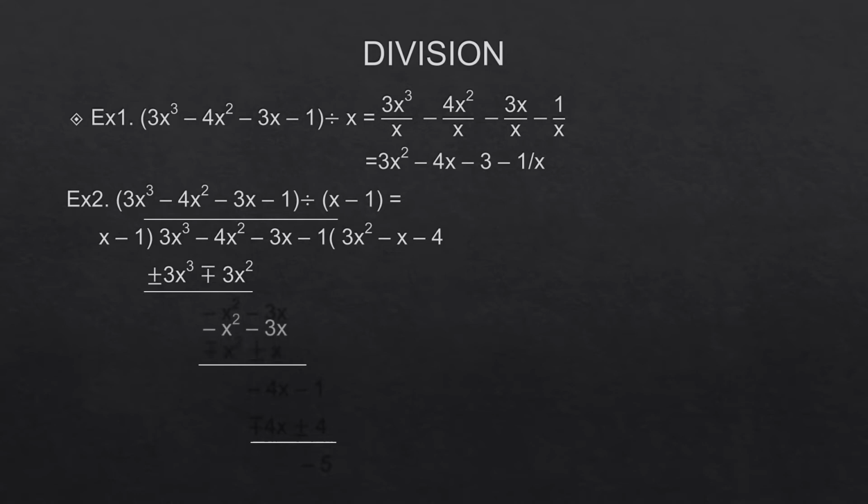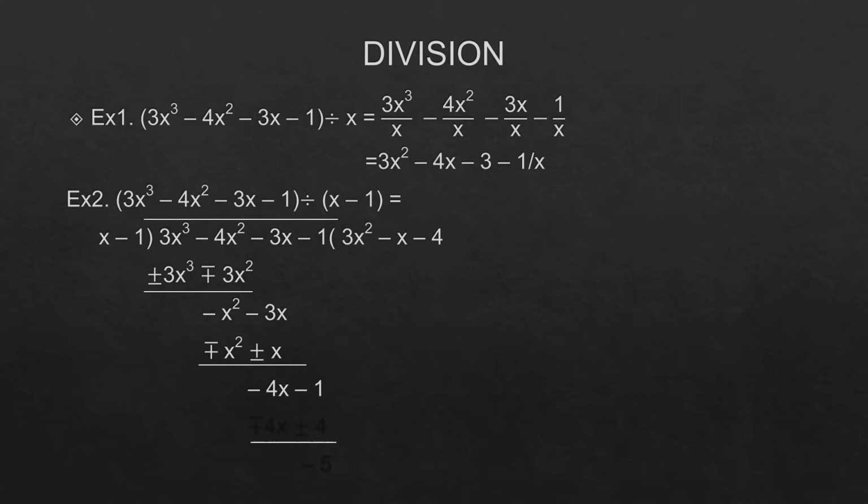So the first term, 3x cube, gets cancelled, and for the second term we get only minus x square. We take down the next term, that is minus 3x. Now we are supposed to get minus x square, so we multiply the divisor by minus x. Even the sign should be the same as above. So we get minus x square plus x. After changing the sign, the first term gets cancelled, and we have minus 4x minus 1.